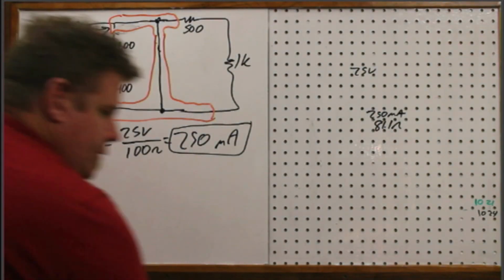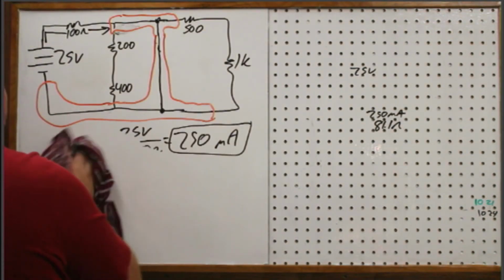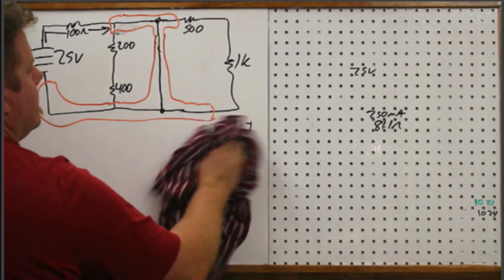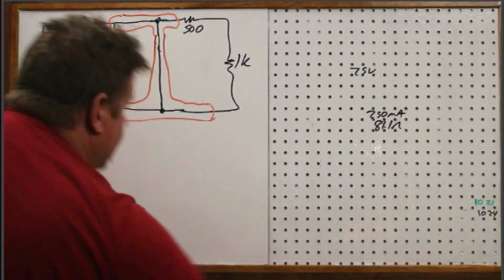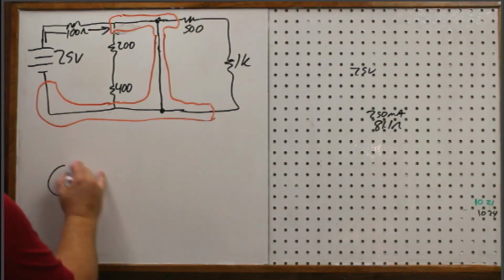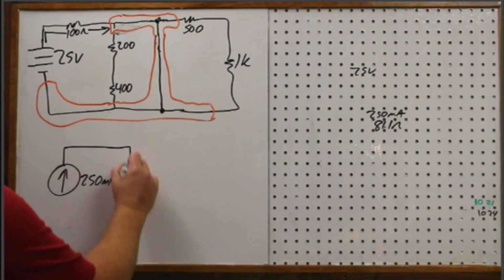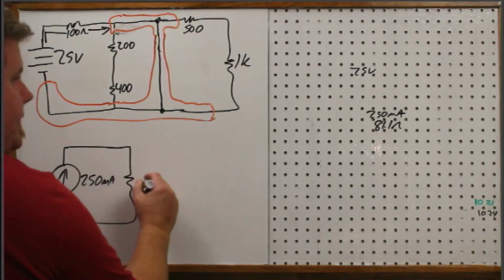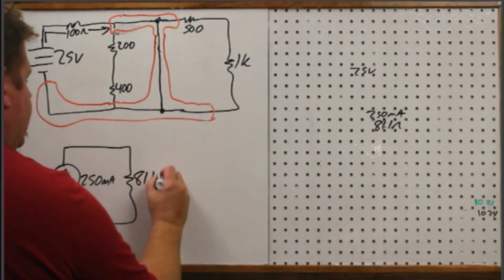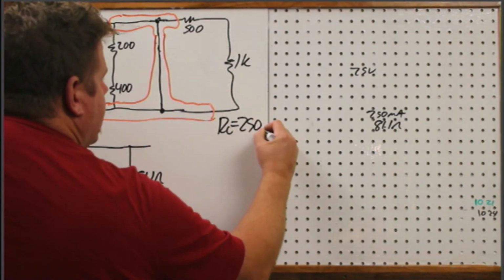Alright, so now we want to redraw the circuit. So that worked out nicely. And so now we've got, what did we say, 250 milli. And that comes into a branch with 81.1. And let's make the load 250 ohms.